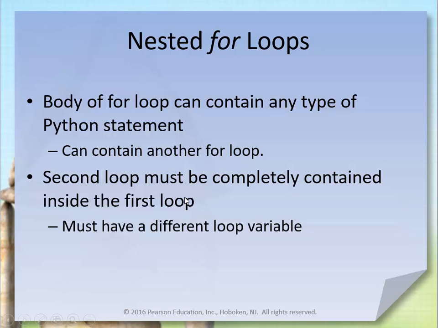You can't have one loop trying to end outside of its parent. That doesn't work. You'll get an error when you try and do that. And then also they have to have a different loop variable. You can't have for i equal blah blah blah and then in your nested loop also have for i, because those variables have to be different. So you'd have to have for i equals and for j, different variables like that.